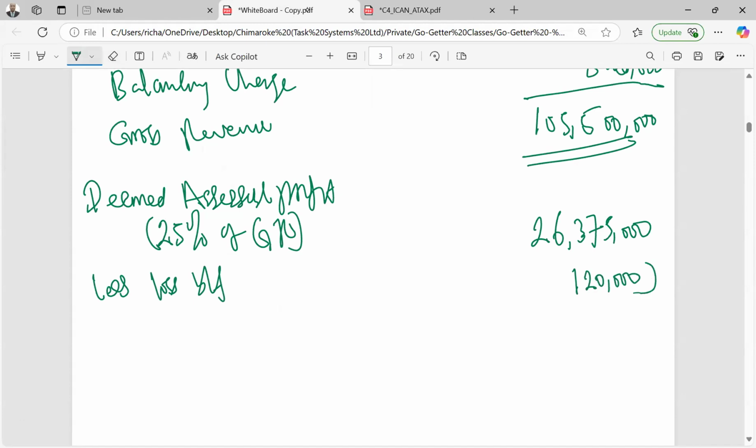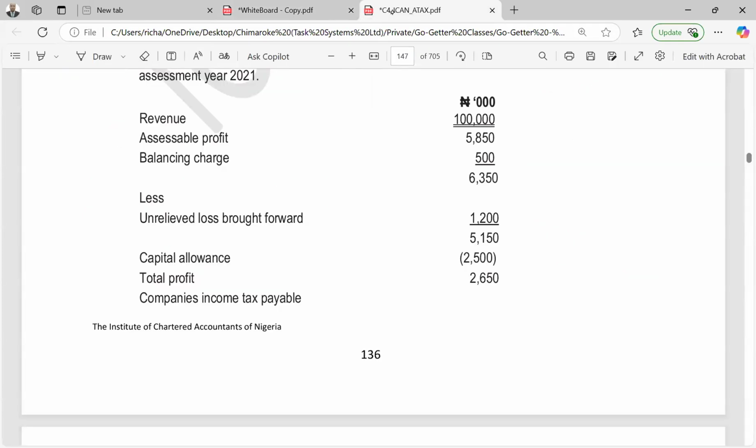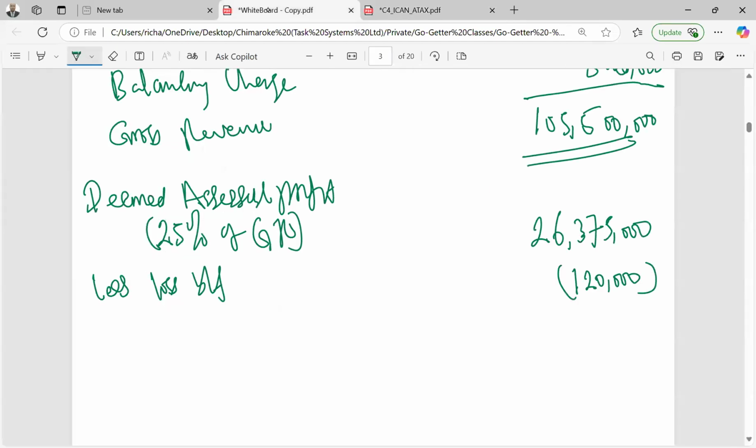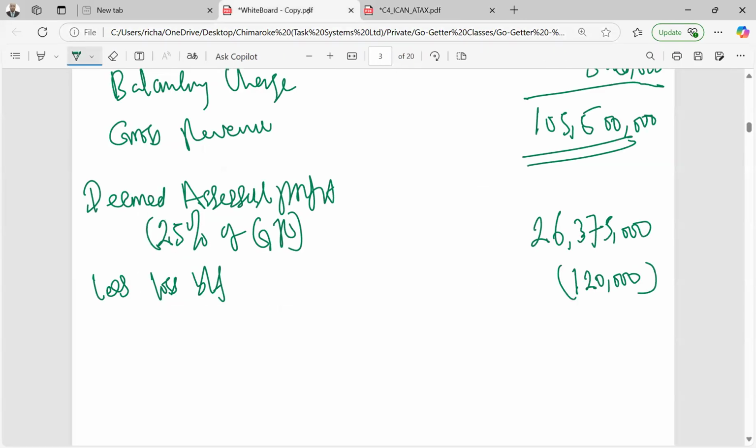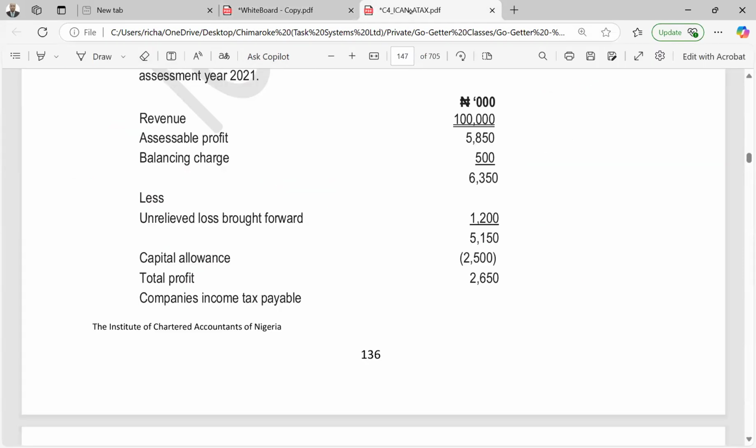Then we've treated balancing charge, we added.